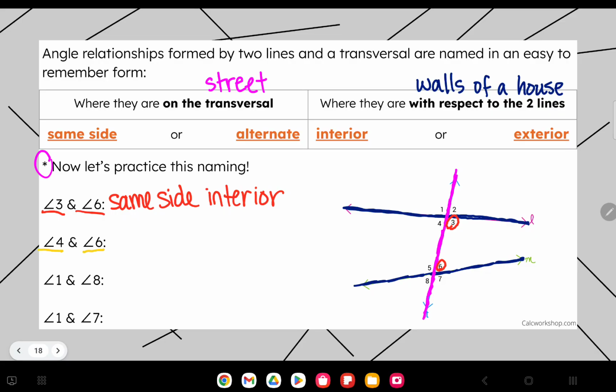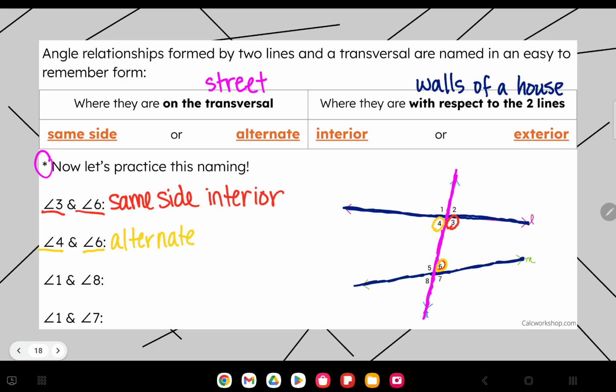Now let's look at angle 4 and angle 6. So where are they on the street? Well, angle 4 is on the left side of the street, and angle 6 is on the right side of the street. So they are on alternate sides of the street.